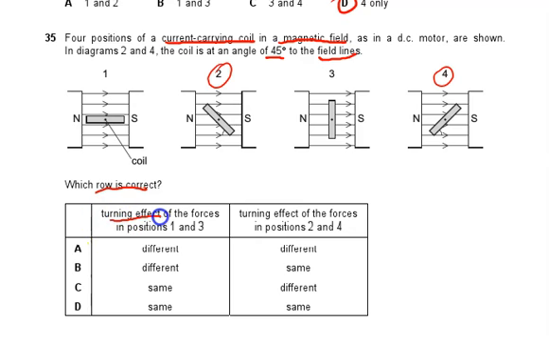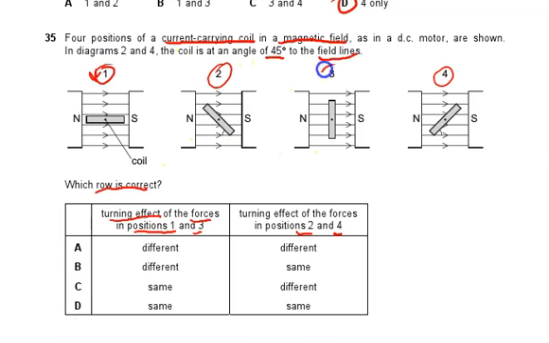The turning effect of the force in positions 1 and 3 will be different, and the turning effect of the force in positions 2 and 4. So 1 and 3, okay, here you will have the maximum.